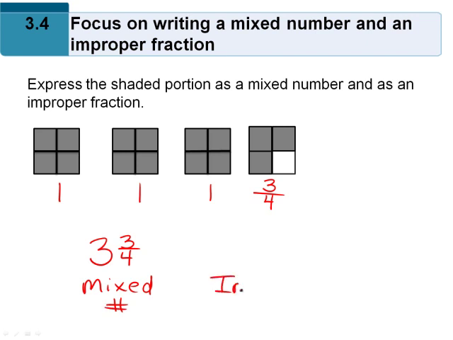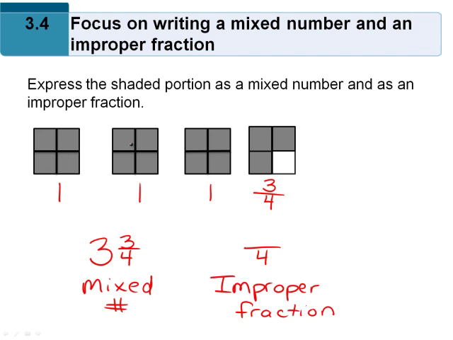Now this one's a little bit easier to see what the improper fraction would be, because to get the improper fraction, all you have to do is count. So go back at the very beginning of the picture. Each square is cut into 4ths. So that's going to be your denominator. How many pieces each shape is cut into is your denominator. So if the whole first square is shaded, that's 4 shaded ones. 1, 2, 3, 4.